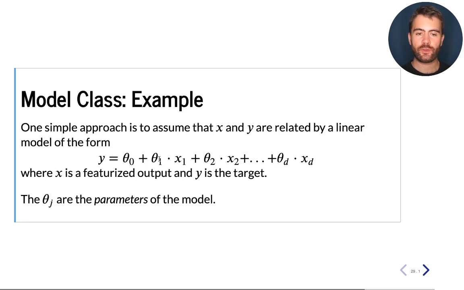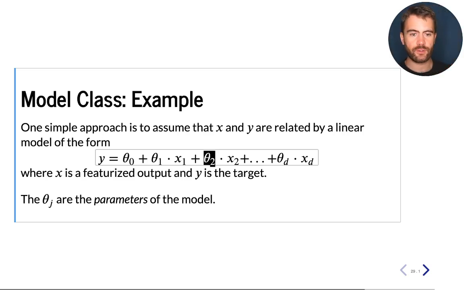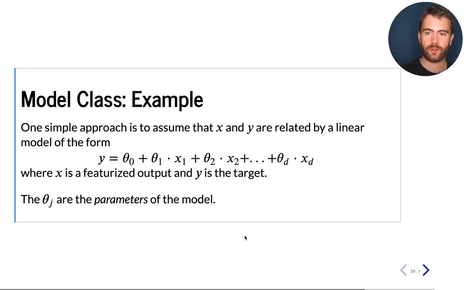And each theta j here, each of these values, is a scalar, and there's d of them. We can place them into a vector, and that is a d-dimensional vector of parameters theta that we combine with a d-dimensional input x in order to make predictions.